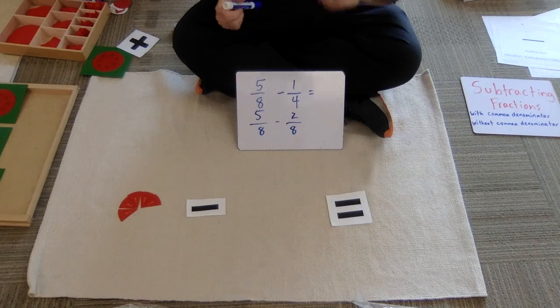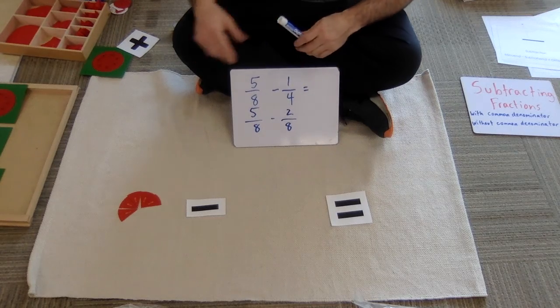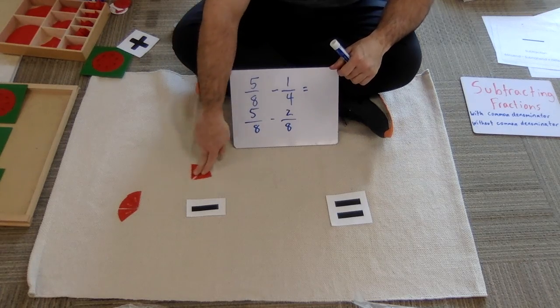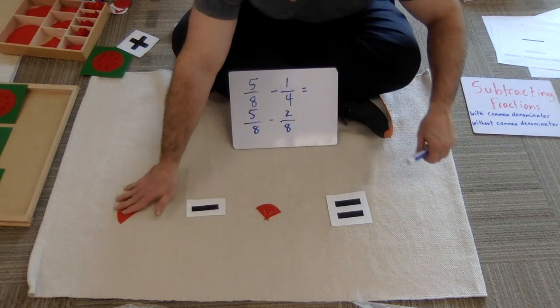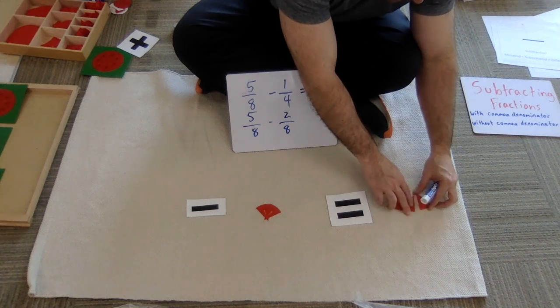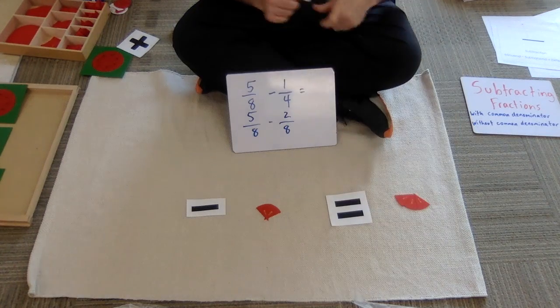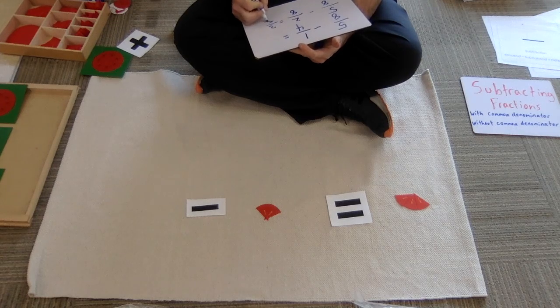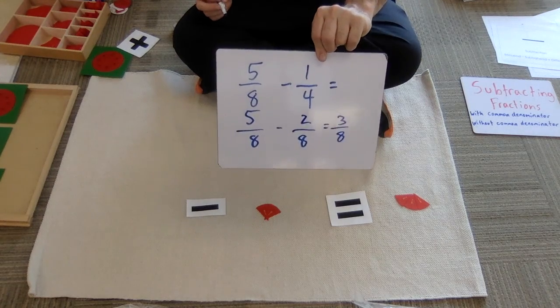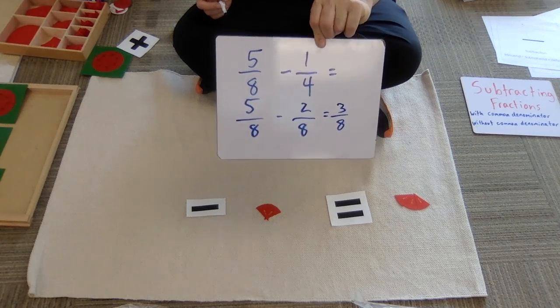This one was pretty easy getting that common denominator, and I take the 2 8s and I put them over here. They're my subtrahend, and I move the rest over here to my difference. And what do I get? I get 3/8. So that's what I have left. It's the difference between the two. So that is an easier one.